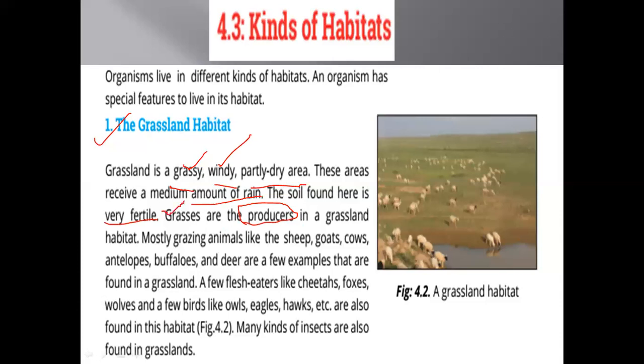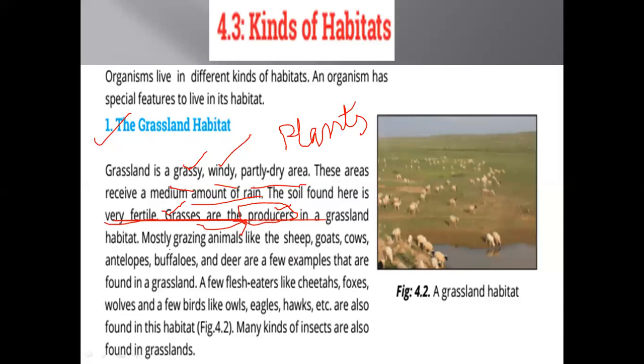Grasses are included in the plants, which means that they produce their food by themselves. Producers means the organisms which can produce their food by themselves. So they are plants. And how do they produce? They produce their food by photosynthesis.